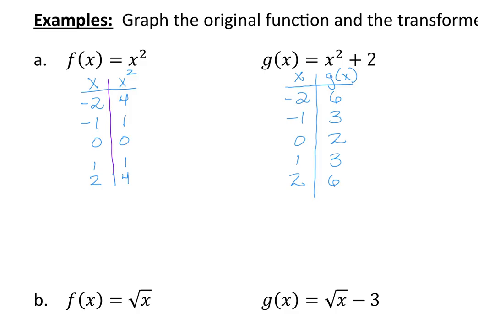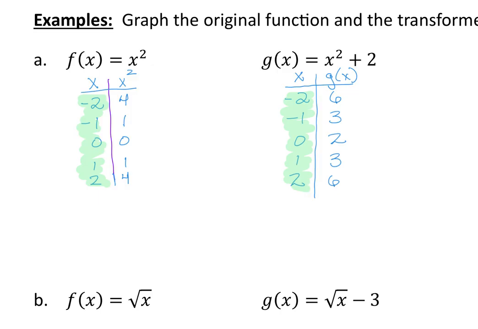All right, now if we compare our original function to our new function in terms of tables, let's see what we got. Notice that our x values are the exact same in both of these, because we haven't done anything to our x values.